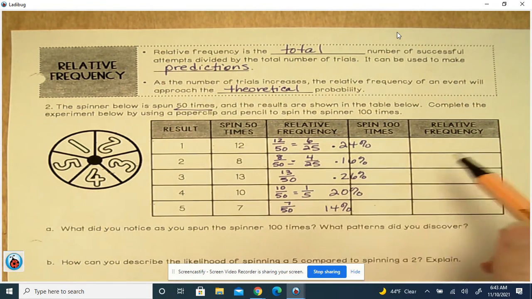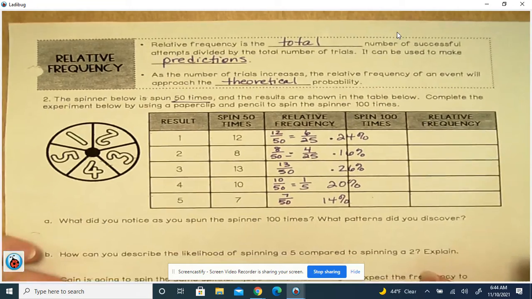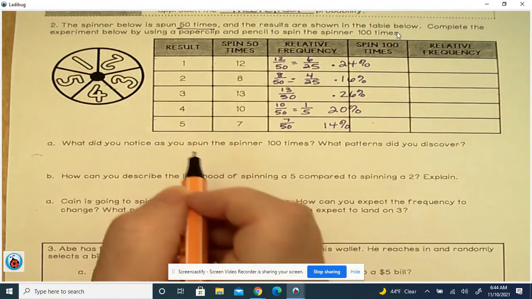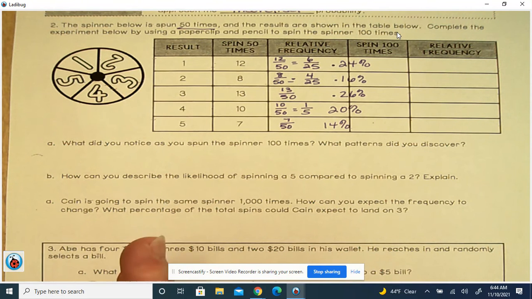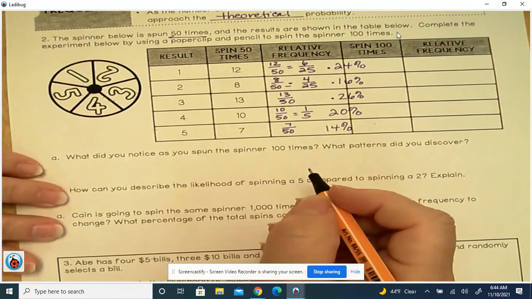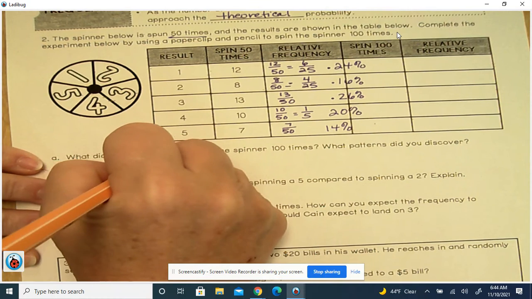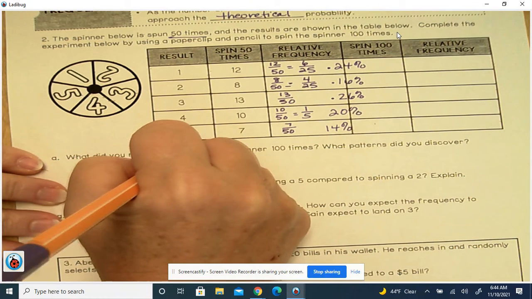All right, we're not going to spin them 100 times. We may do an activity in class where you do that. If we spun the spinner 100 times, you would see that the theoretical probability of landing on each number is roughly 20%. That's what you would expect to get.